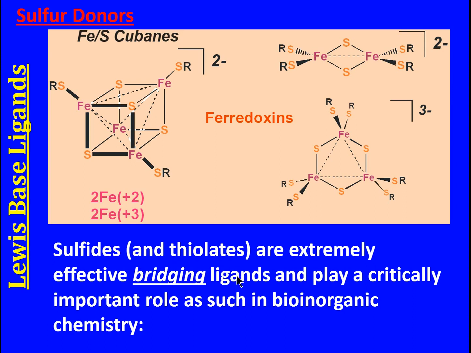Sulfides and thiolates, as we said, are extremely effective bridging ligands and they play an important role in bioinorganic chemistry. For example, the ferredoxins or the Fe-S cubane, these forms are known in bioinorganic chemistry for their biological activities.